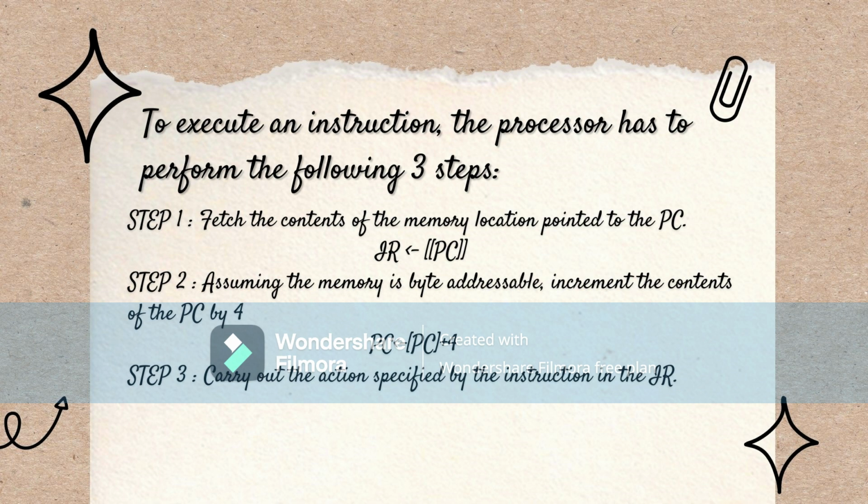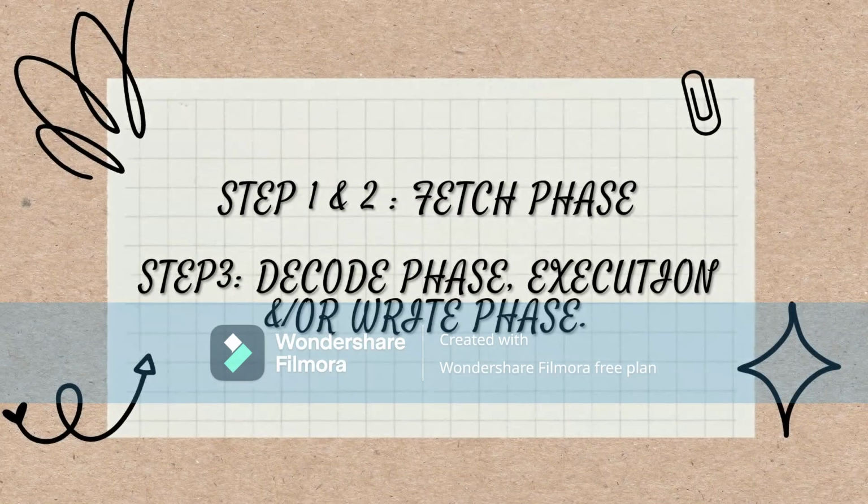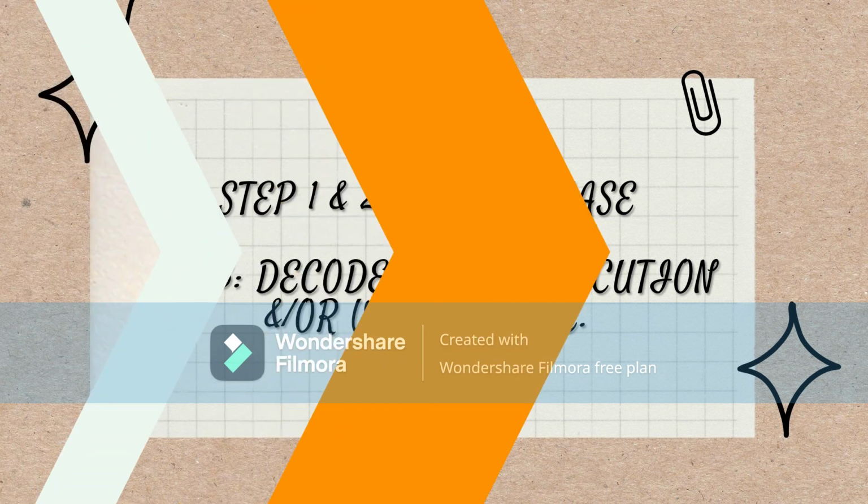Step 2: assuming the memory is byte addressable, increment the contents of the PC by 4, that is, PC is equal to the content stored in PC plus 4. Step 3 is to carry out the actions specified by the instruction in the IR. Note here that step 1 and step 2 are the fetch phase, whereas step 3 is the decode, execution, and or write phase.